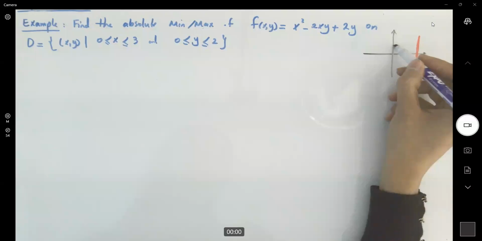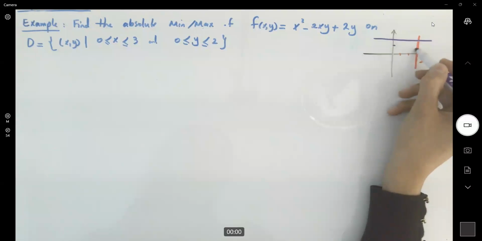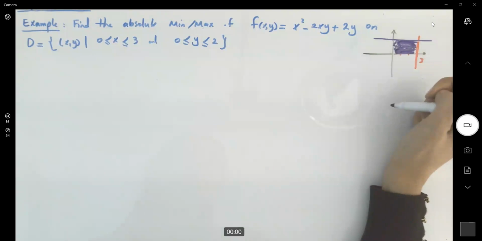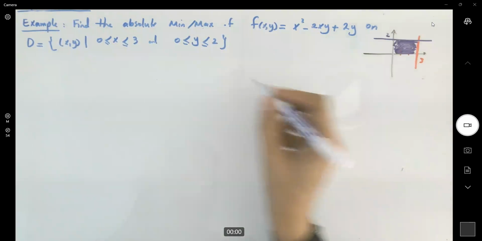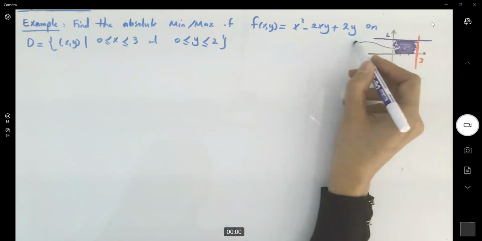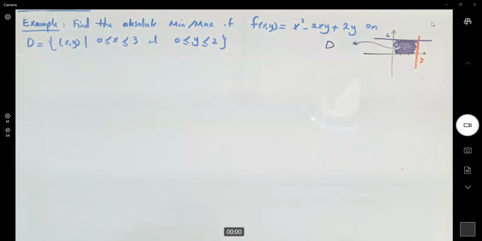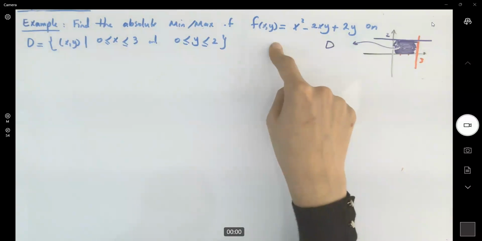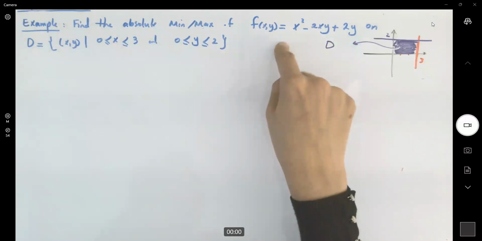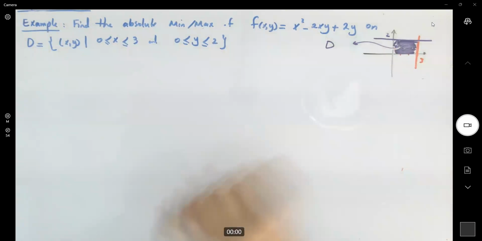So here you're going to have your y. So you're looking at this box. This is your box. This box here, this is D. I want to know what are the absolute maximum and absolute minimum of this function over this box.